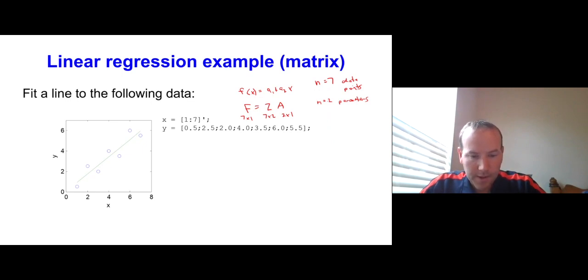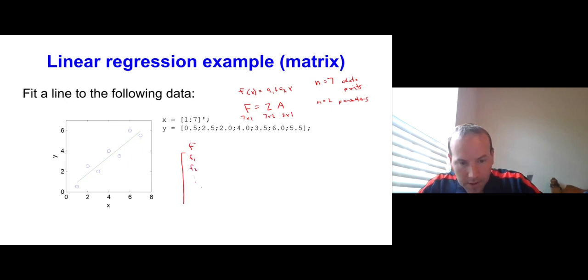Okay, and so if we write this out in matrix form, we've got f, which is f1, f2, dot dot to fn, which in this case is 7.